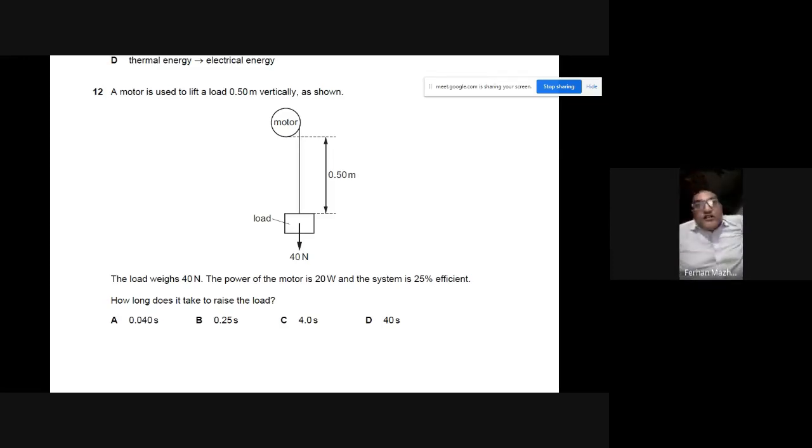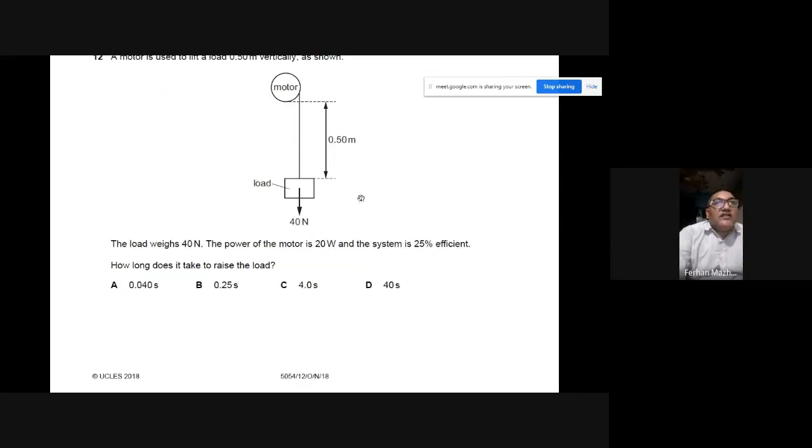So 40 Newton multiplied by 0.5 meter divided by 5 watt, and the answer will be 4 seconds. You can do this calculation on your register and you will get 4 seconds. So C is the option for question number 12.